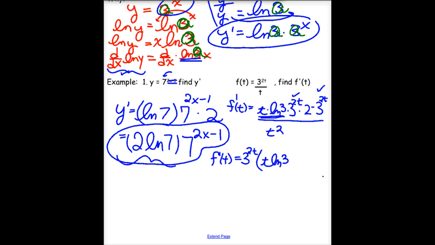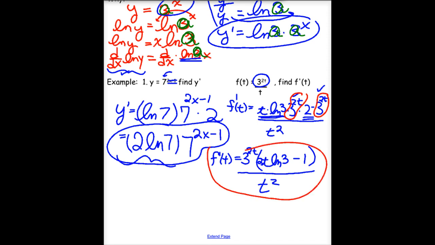And then what would I have here? Oh, and I've got a 2 in this factor also, so let's do 2t ln 3 minus 1 all over t squared. So all I did was quotient rule. I applied my base other than e rule, and I factored out a 3 to the 2t from both parts of the difference. And this is my final answer for the derivative.